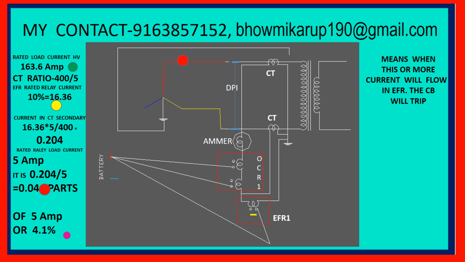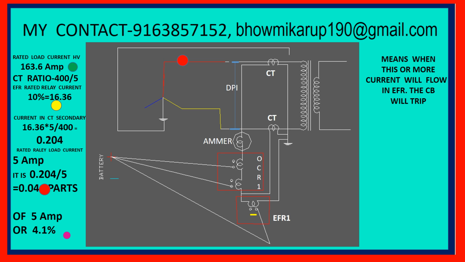Any earthfault in the 132 kV side, the earthfault relay will energize. But for the 27 kV side, it will not energize the earthfault relay of the 132 kV side.